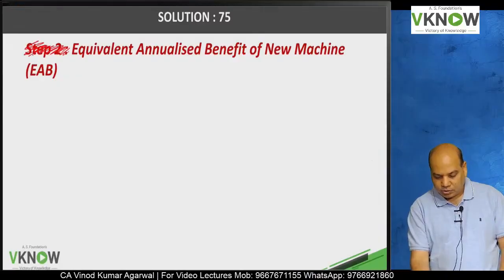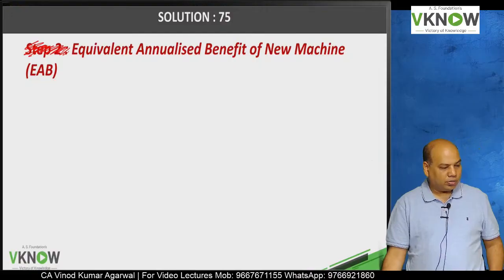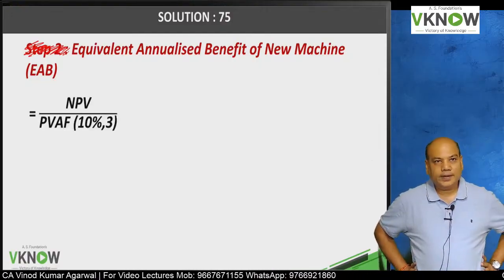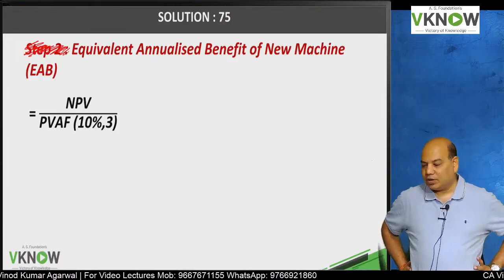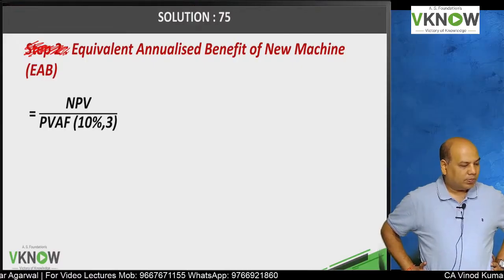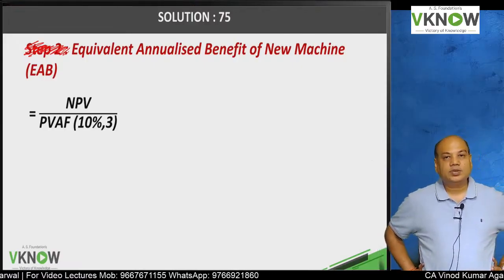EAB equals NPV divided by PV annuity factor at 10%, 3 years. Yes, please reply.